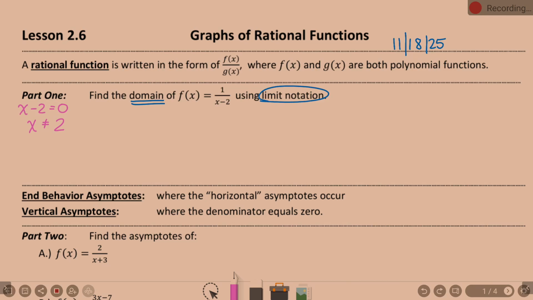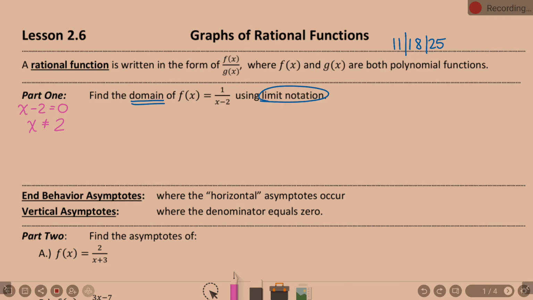Now, what is going to be at x equals 2? A hole? Not a hole. An asymptote. A vertical asymptote. Here's the deal: if there was an x minus 2 factor on top also that would cancel, then we'd talk hole.